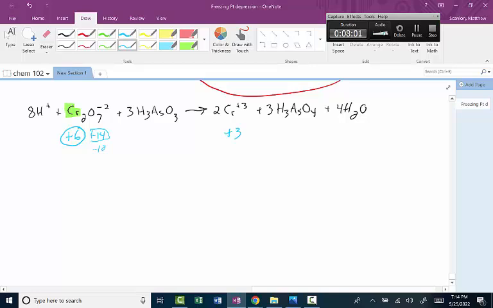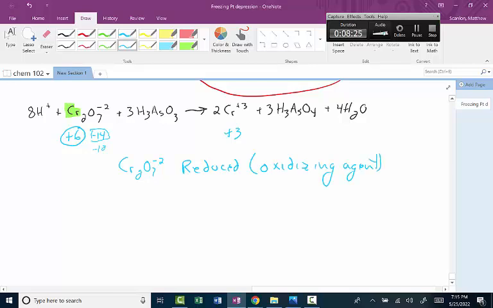And over here on this side it's +3, so chromium in Cr2O7 2- gained electrons, so it was reduced. Therefore, it is an oxidizing agent.